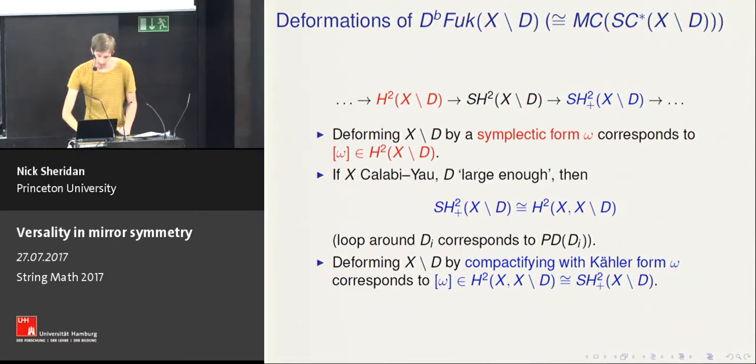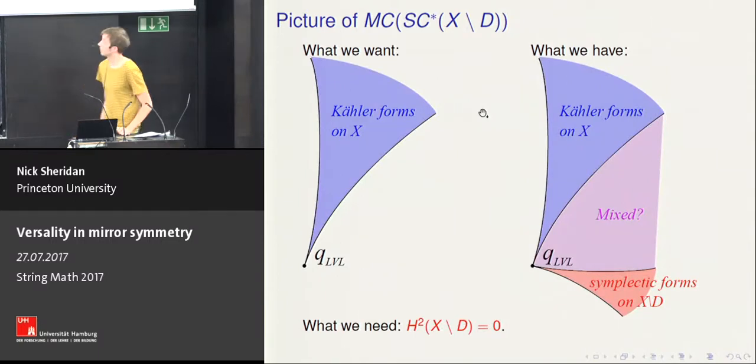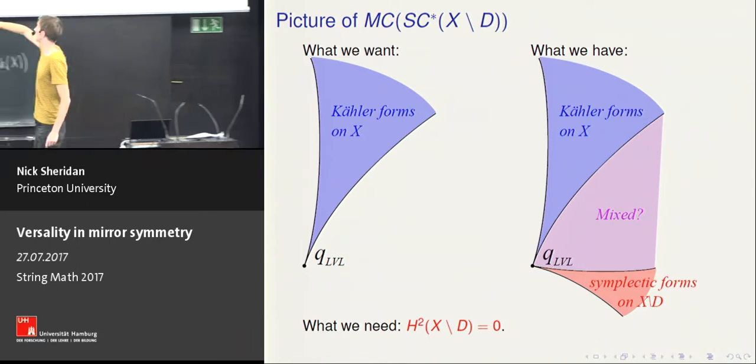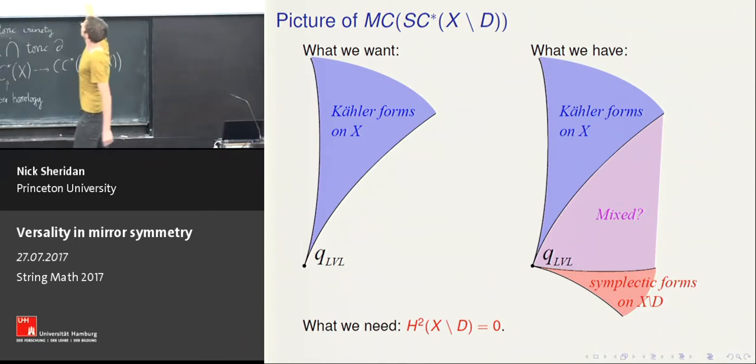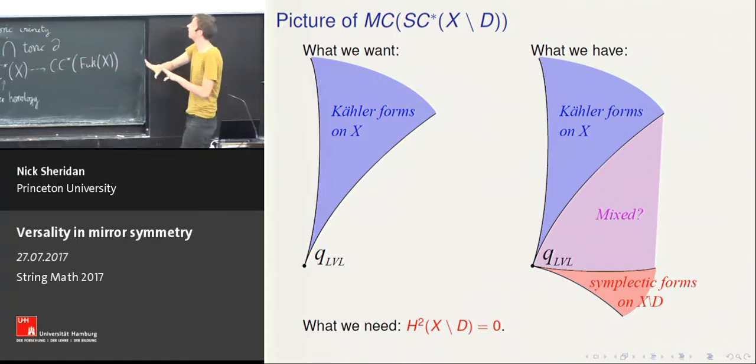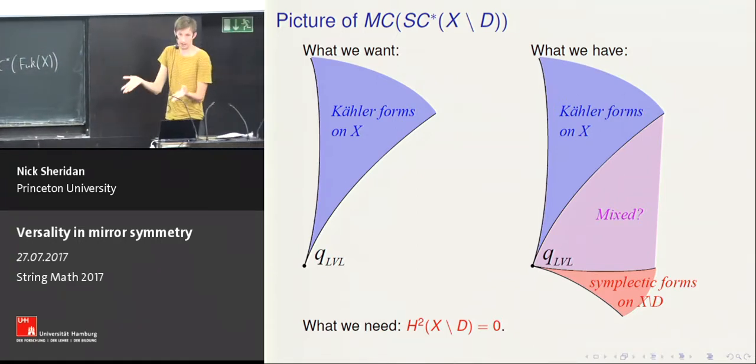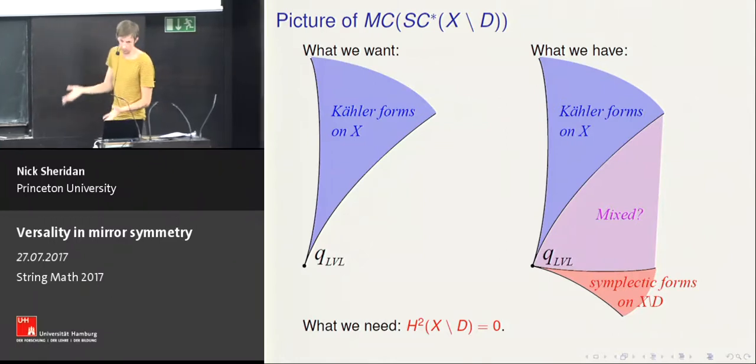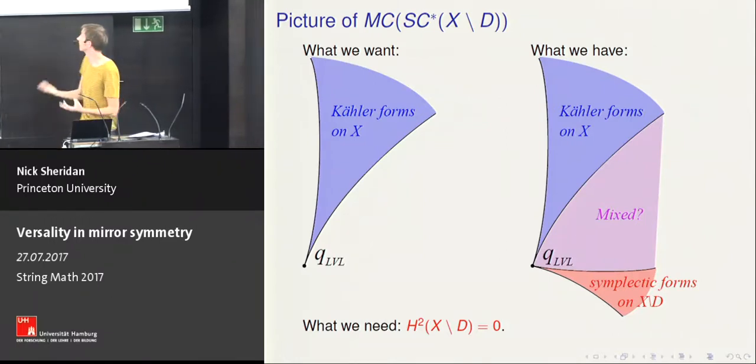And in fact, both of these guys, this red one and this blue one, are somehow formal L-infinity algebras, but their combination need not be. So this is the picture we have of the deformation space. We have things coming from the red guy, things coming from the blue guy. Those L-infinity algebras are simple, but then they combine and give us perhaps some extra components, some kind of stuff that we don't want to be there.